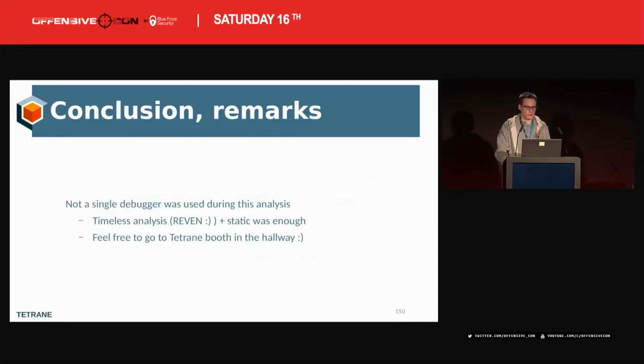We used timeless analysis, so basically all anti-debug stuff was bypassed in a second. We didn't have to launch like 10 times just to get any specific state. The idea is that I analyzed and then watched back the trace.